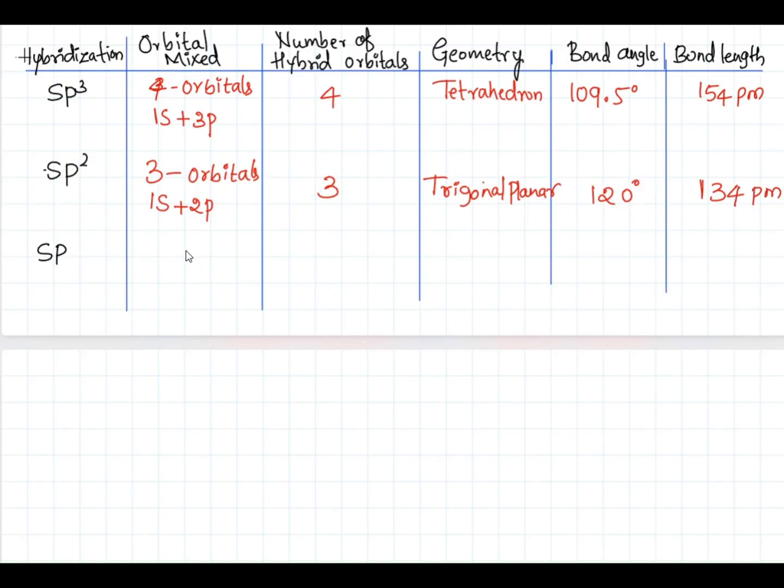In sp hybridization, one s orbital and one p orbital undergo hybridization, forming 2 hybridized orbitals, and the geometry is linear with a 180 degree bond angle and 120 picometer bond length.